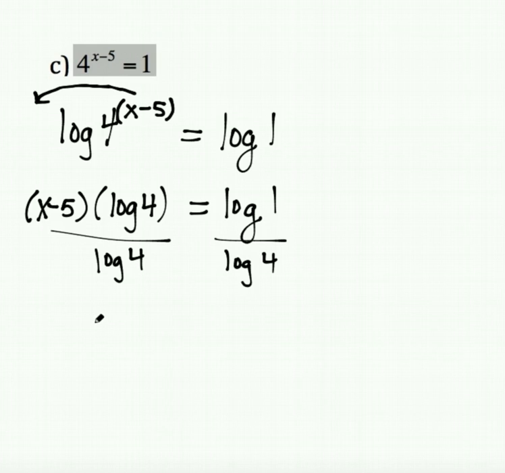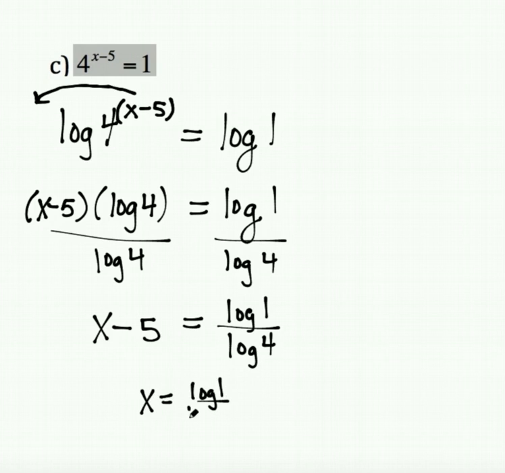And I'm going to rewrite that as x minus 5 is equal to log of 1 divided by log of 4. Add 5 to both sides. That gives me x equals log of 1 divided by log of 4 plus 5. If I put log of 1 divided by log of 4 in my calculator, I'm going to get 0. So that's going to give me x equals 0 plus 5, which again gives me x equals 5.